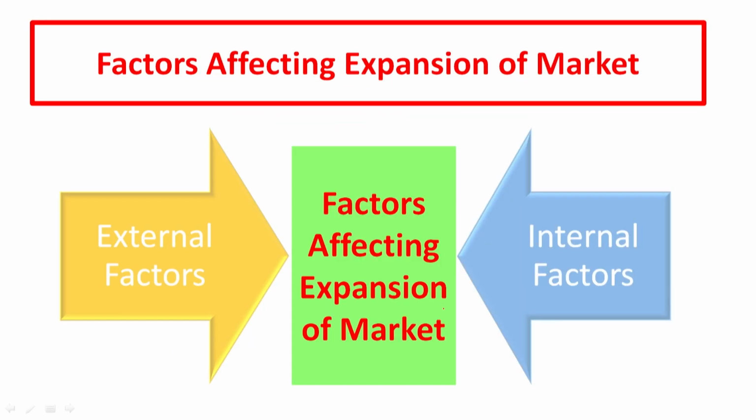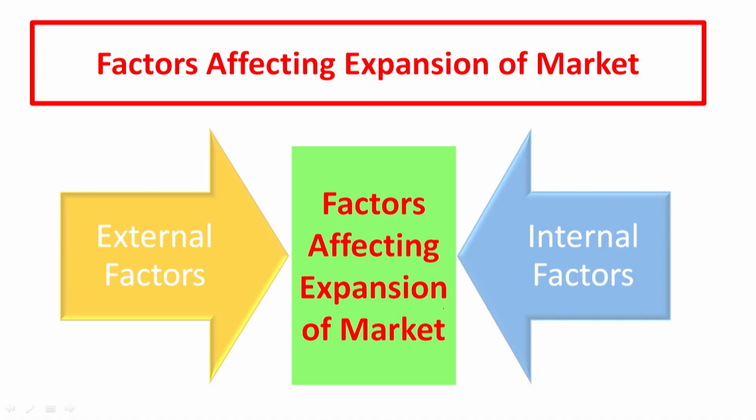Till now, we have talked about what is market, how the market operates, what is the concept of market. But now, delving deeper into market, we'll be discussing the factors which affect the expansion of market. As you are already aware, every businessman, every firm wants to expand in the market.